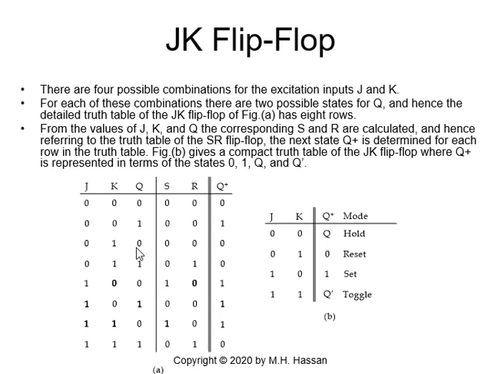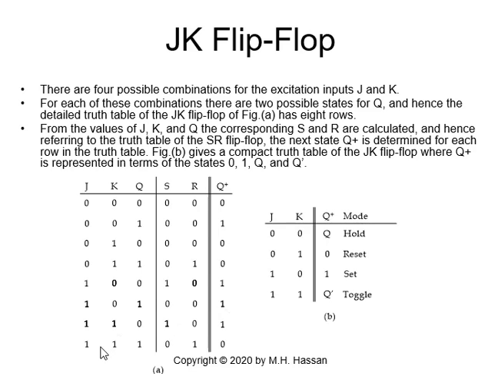And when it is 0, 1, this will be the reset mode, and Q plus will be 0 all the time when J is 0 and K is 1. And when J is 1 and K is 0, this is the set mode, because we get 1.